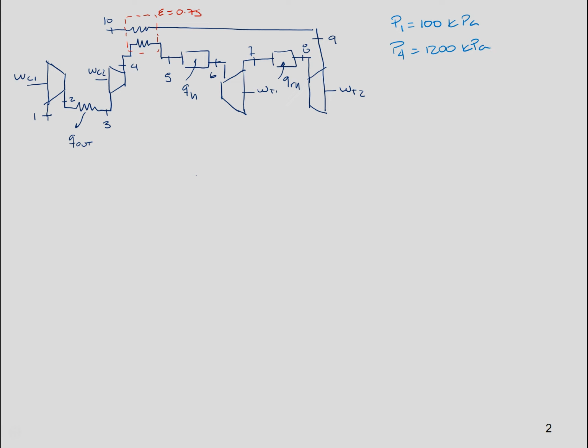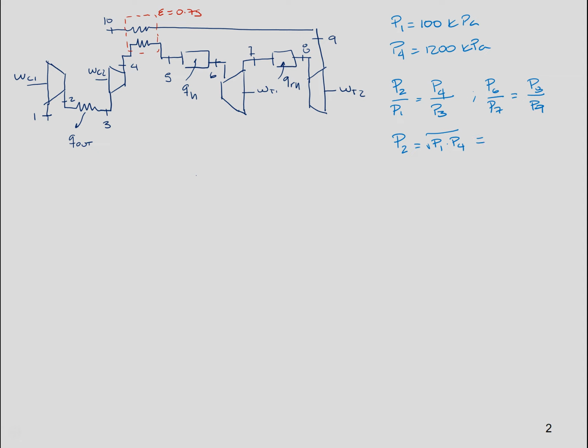So we don't know the value of P2, but we know that in order to have the maximum efficiency, P2 over P1 should be equal to P4 over P3, and P6 over P7 should be equal to P8 over P9. If we solve this, P2 will be the square root of P1 times P4.